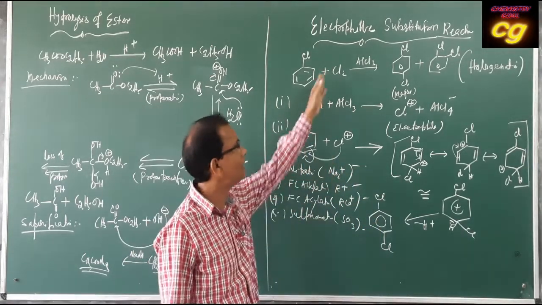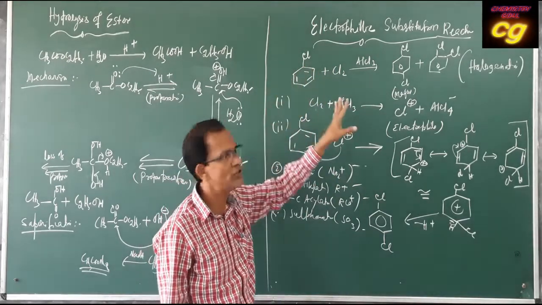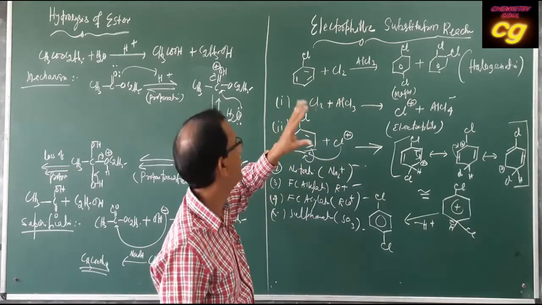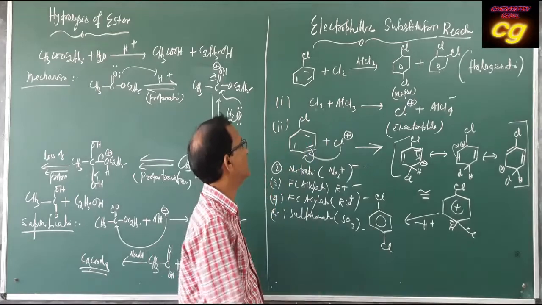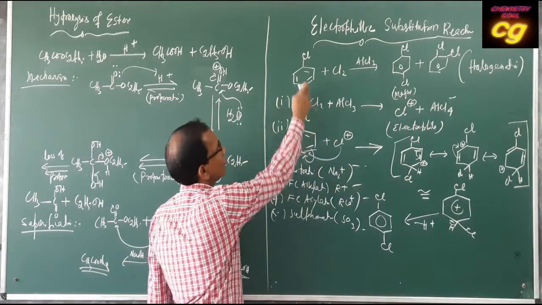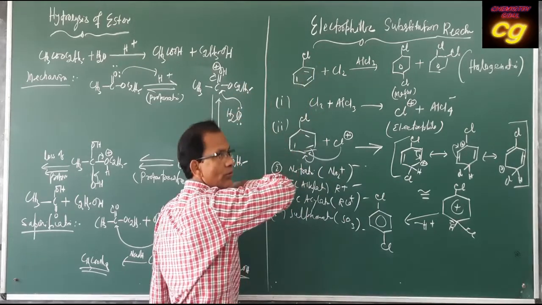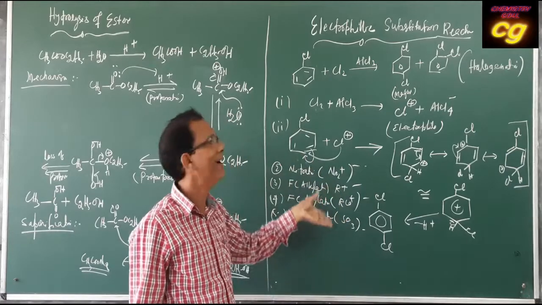This electrophile attacks the benzene having pi electrons. And whichever position it is attacking, you have to distribute the electrons, shifting the electrons accordingly. If it attacks at the para position, you have to shift the electron from here. If at the ortho position, you have to shift the electron from here. And what are the electrophiles?